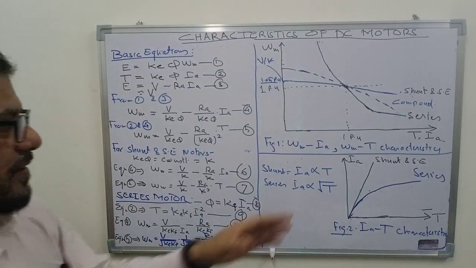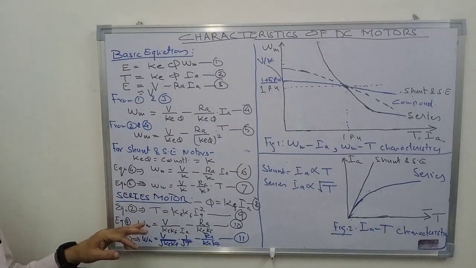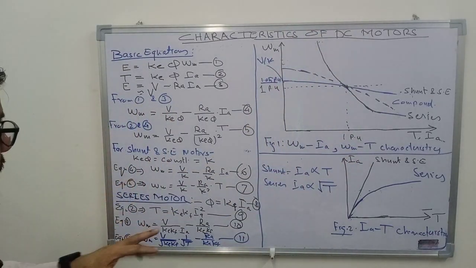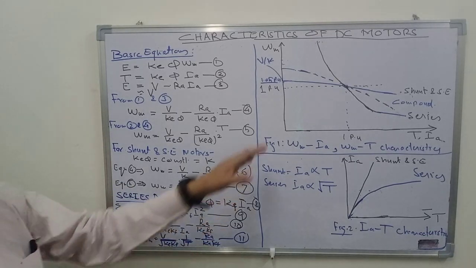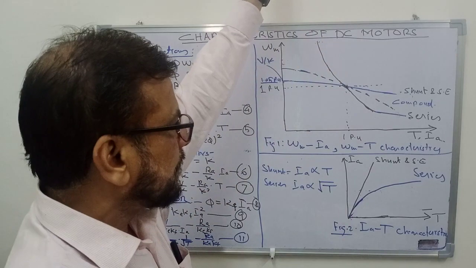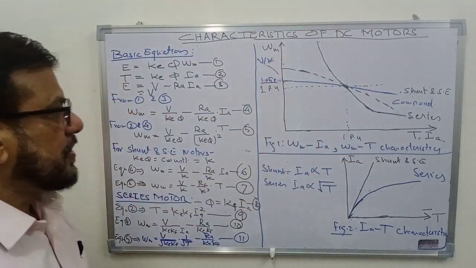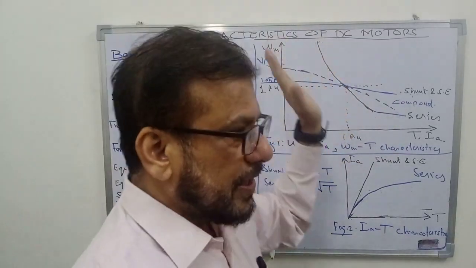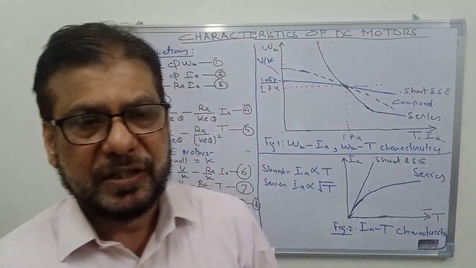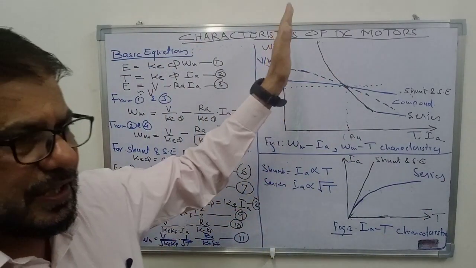So the characteristic is highly drooping, and you can say that when the load is 0, the speed will be very high. So speed tends to infinity at low load condition. So this is a very dangerous situation. So DC motor is never used in those situations where the motor load can drop such that the speed becomes very high.